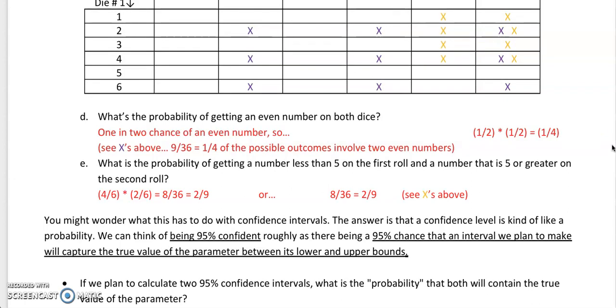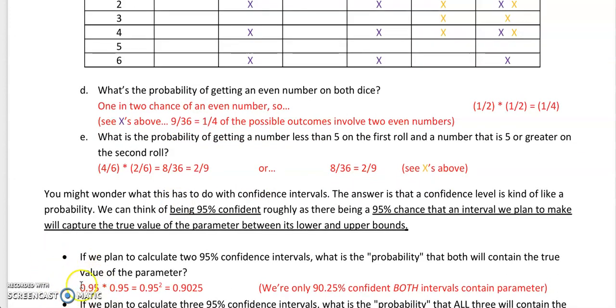So before I actually gather my sample and make my confidence interval, we've learned that a 95% confidence level means that in the long run, 95% of the time, my confidence intervals will contain the population mean. So if I'm about to make one, the outcome, whether or not my interval will contain the mean, is uncertain. So we can think of that as a random event, and the probability that my interval will contain the population mean is 0.95.